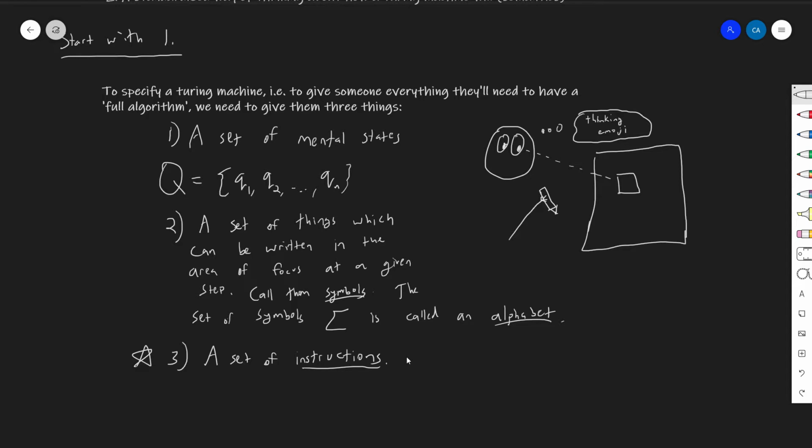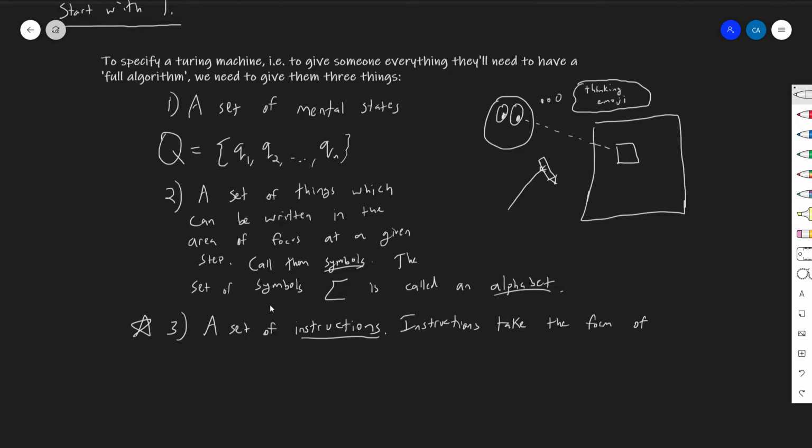Instructions are going to take the following form. Instructions take the form of: given a context, do this action.